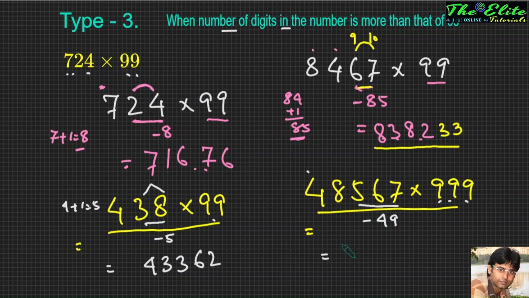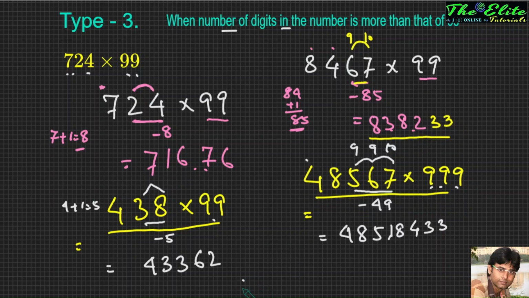You can see it will be 485, which is 1 and 8, isn't it? And the marked number is 5, 6, 7. So the complement of 5, 6, 7 is going to be like this: 9 minus 5 is 4, 9 minus 6 is 3, 10 minus 7 is 3. So that is the process of finding the answer.